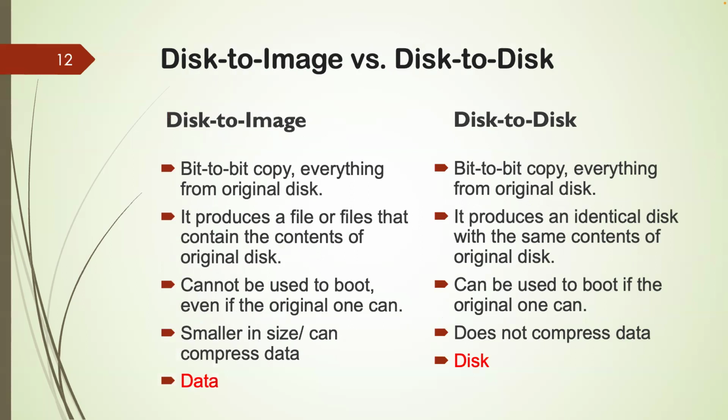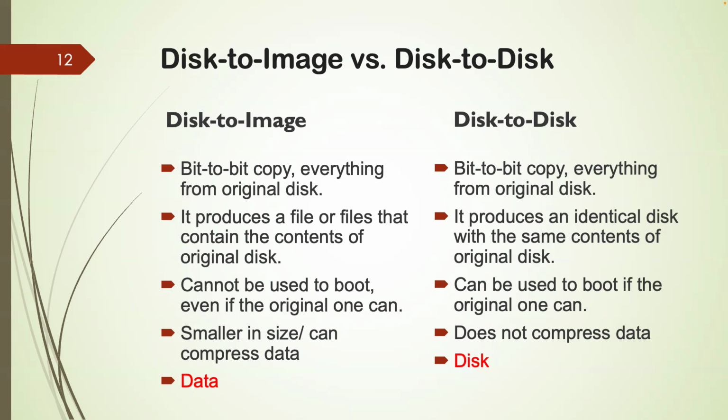All right, so this is like a one-on-one chart, or comparison, for disk to image and disk to disk. In both cases, you copy everything bit by bit, including the OS. Disk to image will produce a file, whereas disk to disk will produce an identical copy of the hard drive that you can swap as well.